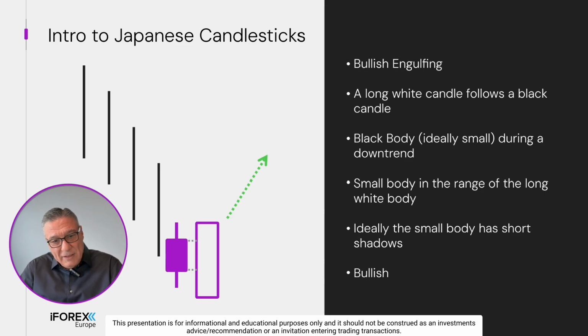It's a downtrend, and then we identify a black filled, a bearish candlestick. Then a long wide body is formed, and this long wide body contains the previous body.